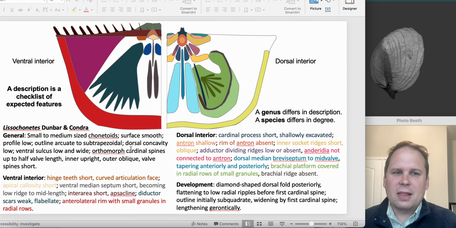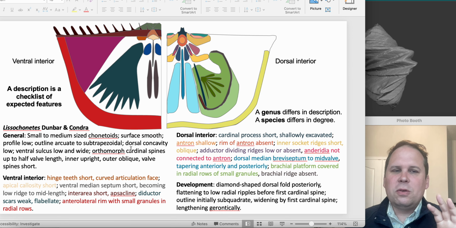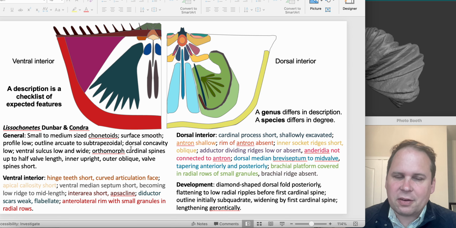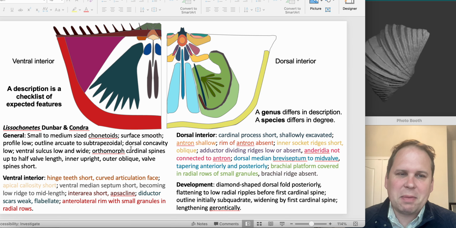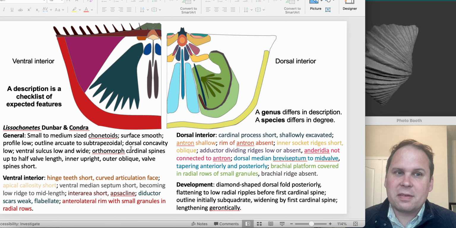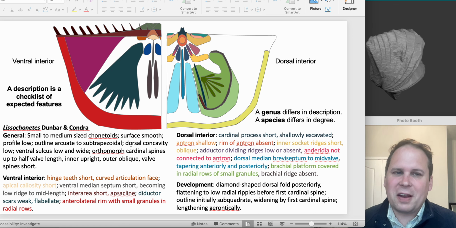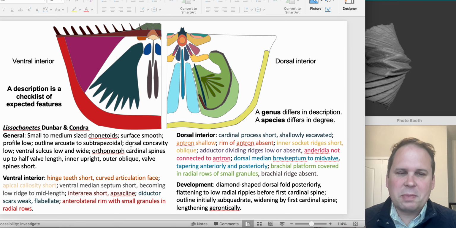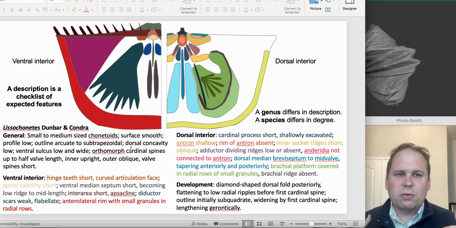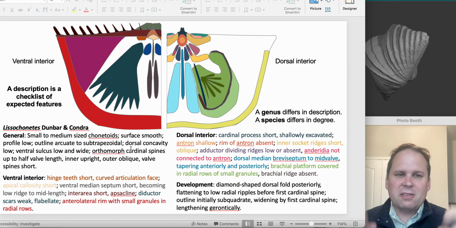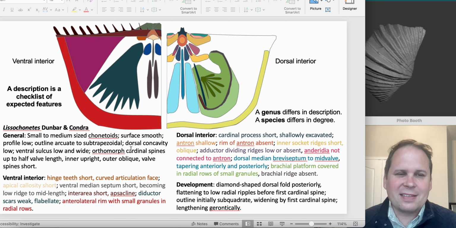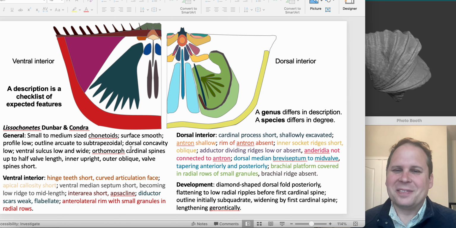When you used to send messages by telegraph, you had to pay by the letter or space, pay by the character. And so people would write really short messages that were very brief and very condensed. And that's what species descriptions are supposed to be. So we can fit a lot of them into a book. And so they have all the information and none of the fluff. And so that's why this is written in a telegraphic style.